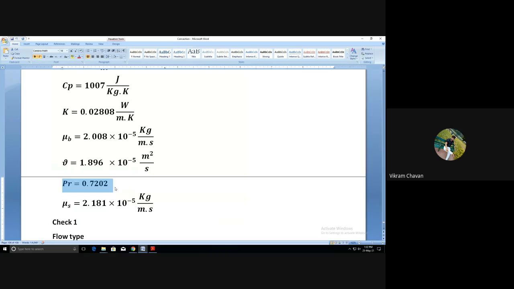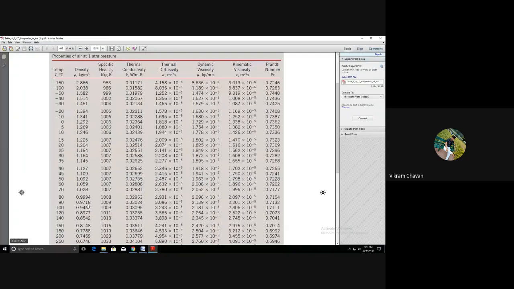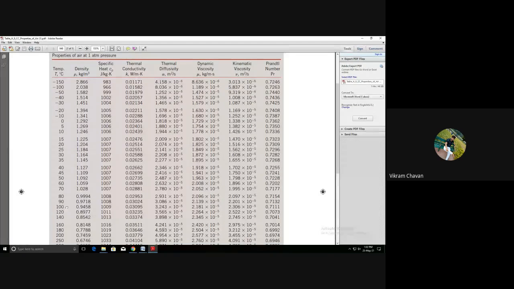What is our surface temperature? Surface temperature is 100 degrees Celsius. So go to the property table and check the dynamic viscosity at 100 degrees Celsius. This is the dynamic viscosity at 100 degrees Celsius, which is equal to 2.181 into 10 raised to minus 5 kg per meter per second.